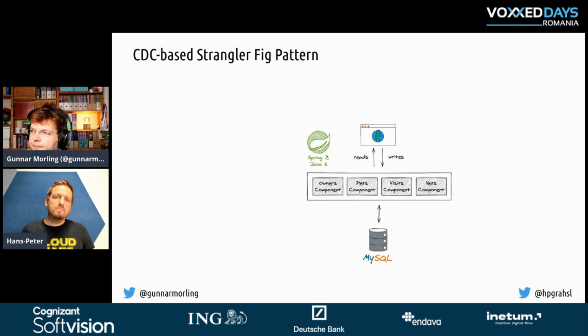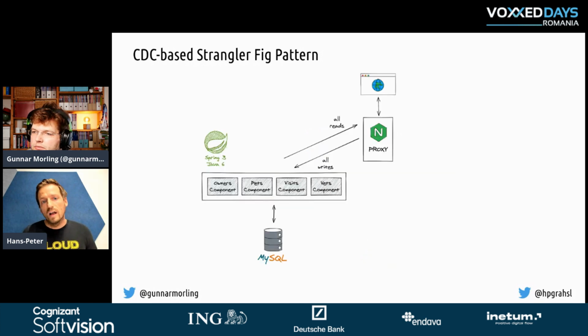So let's say we want to start our migration with the owners component. But as a very first step, we would introduce into this architecture some kind of proxying mechanism. The proxy serves the purpose that, while we have to support that coexistence, we can nicely route different types of requests back and forth between either the microservice world or the monolith.